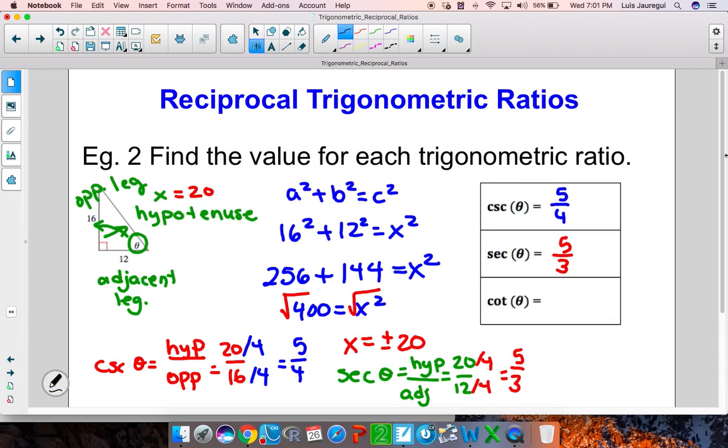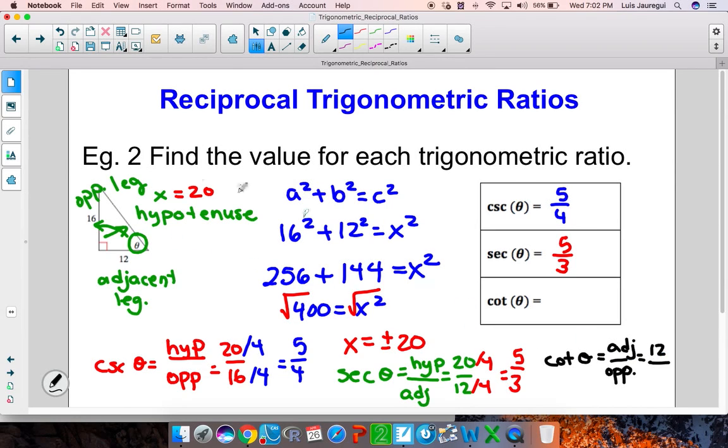And lastly, but not least, we can find cotangent. Okay? Cotangent is the reciprocal of tangent. Tangent was opposite divided by adjacent, so this will be adjacent divided by opposite. And your adjacent here will be 12.